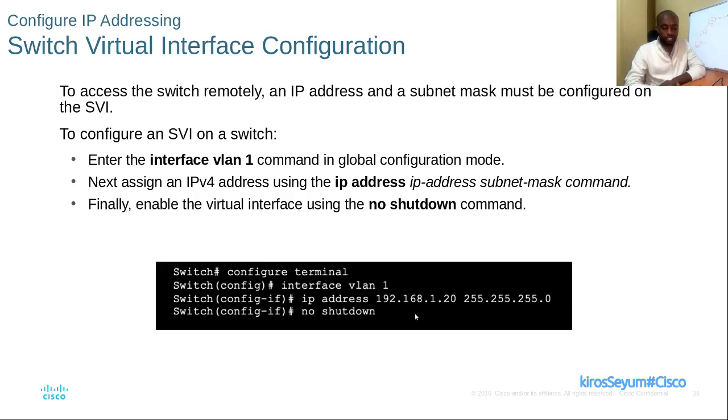You can access it through SSH or telnet. A switch doesn't need an IP address for communication, but if you want to access that switch, you need a virtual interface. Switches are layer 2 by default. Most of the time, VLAN 1 or VLAN 99 is common for this. When we see VLAN, I will explain it as well.